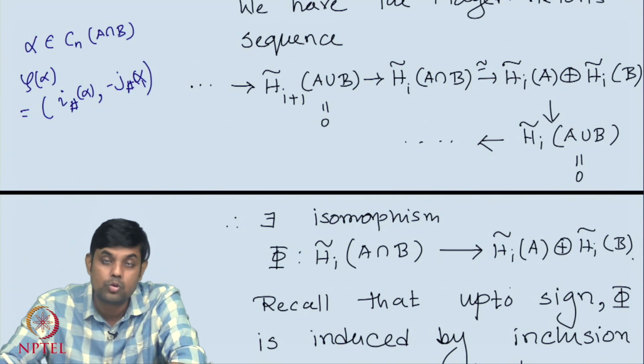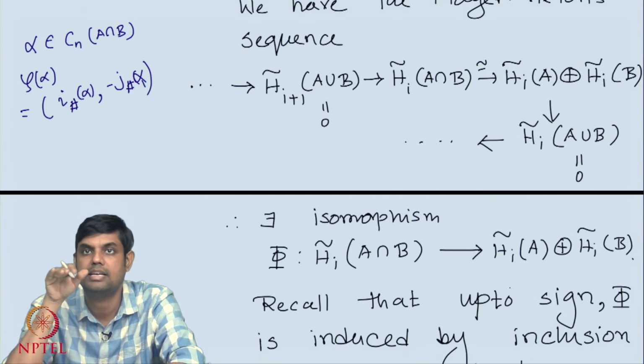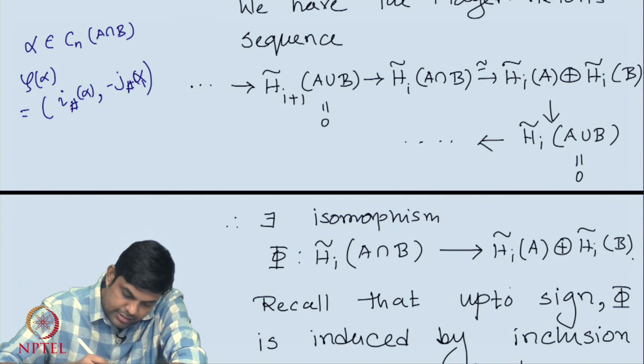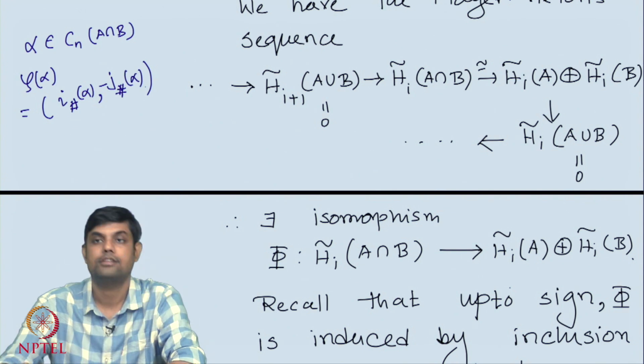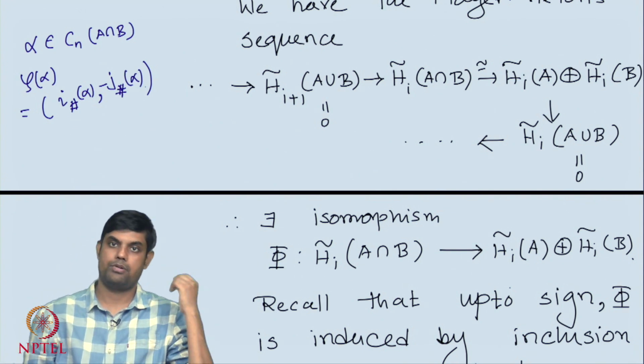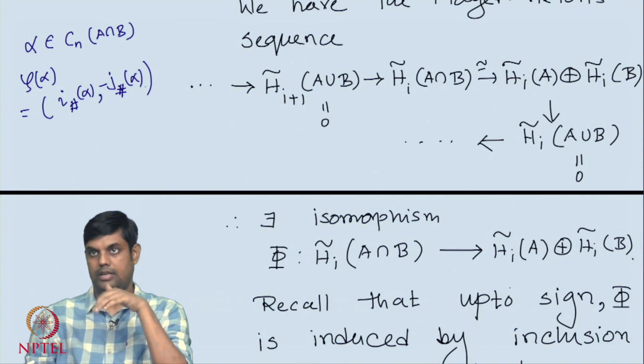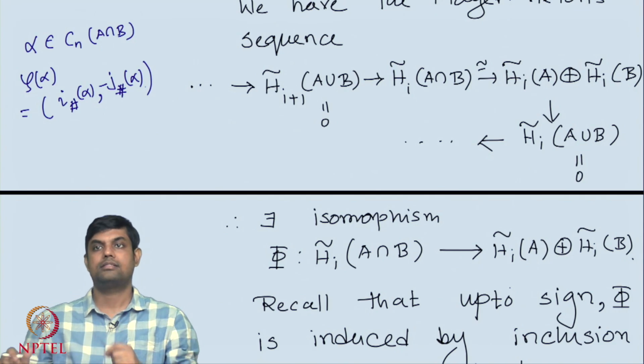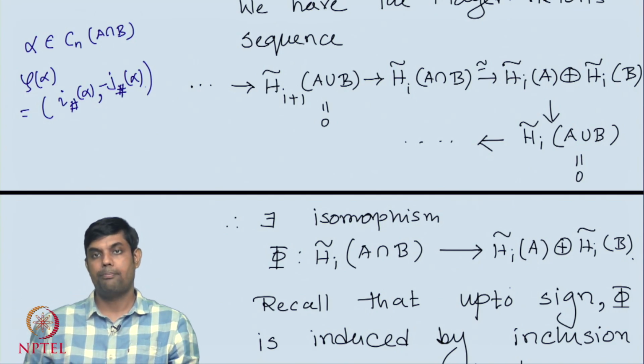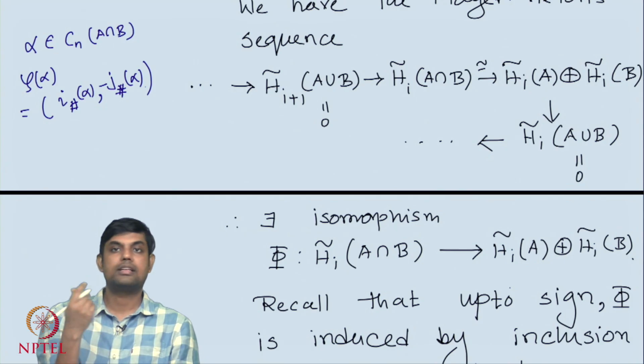The intersection goes inside both A and B; call these inclusions i and j. In the first component I am just putting the cycle from A intersection B into A. In the second component, from A intersection B into B, I am just putting it with a negative sign.